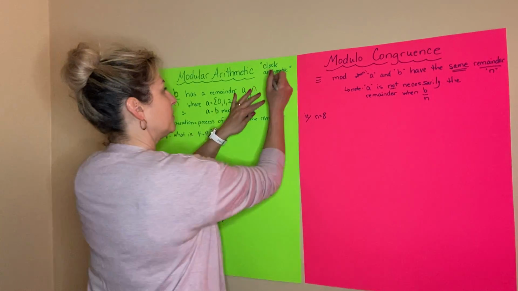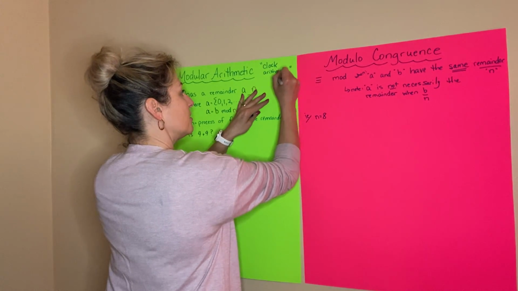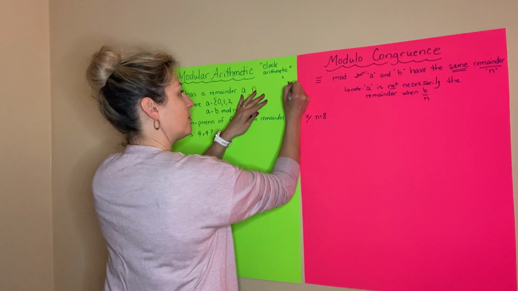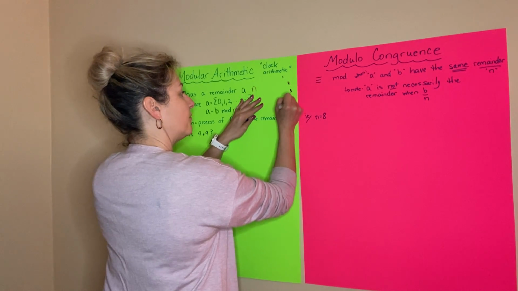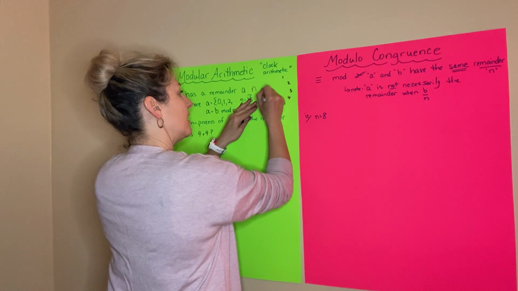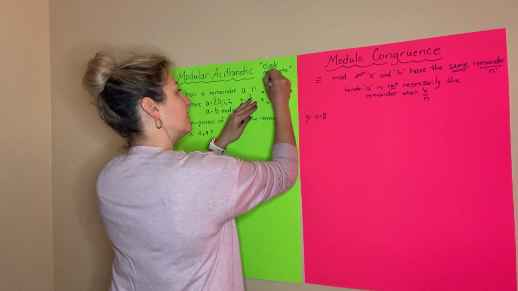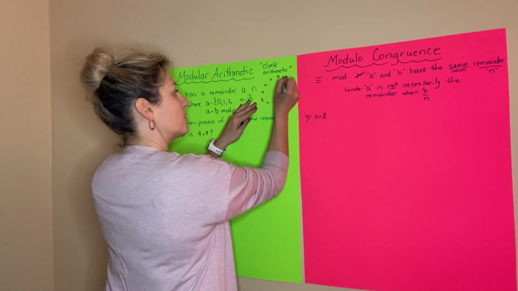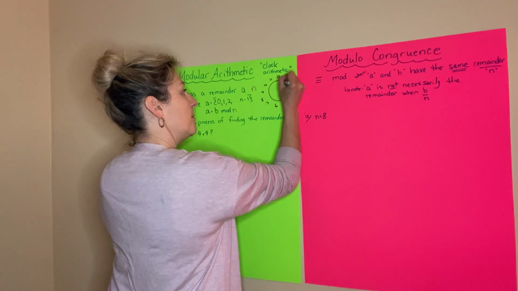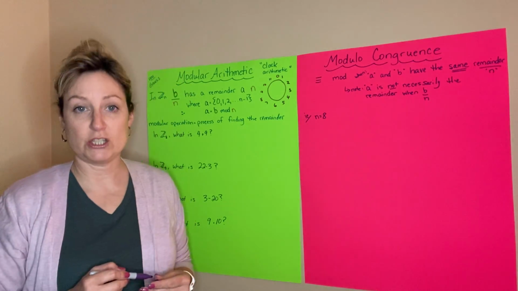So for example, up here, we're going to start our clock at 1, just like we normally do. 3, 4, 5, 6, 7, 8, 9, 10, 11, and 0. So there's no 12, but there are 12 integers.